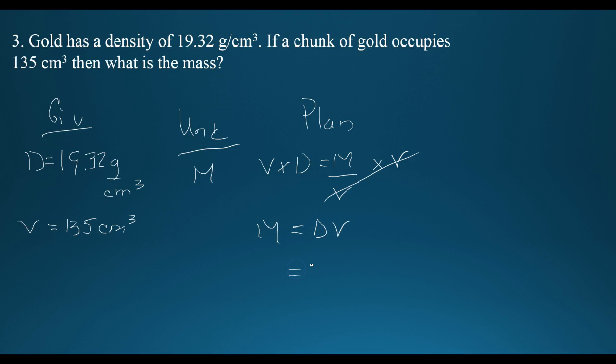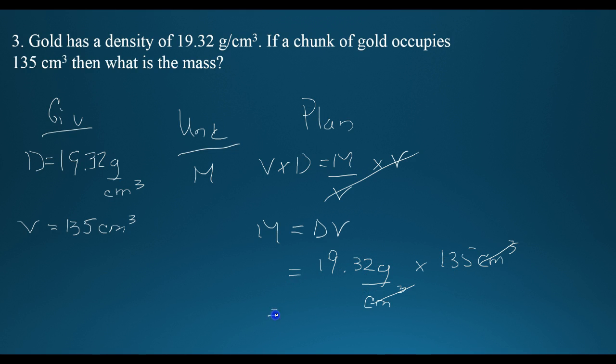Plugging in our numbers, we have 19.32 grams over centimeters cubed. This is a 9 here; the loop didn't close up there. Multiply that by 135 centimeters cubed. Centimeters cubed divides out, and when we multiply those together, round to three significant figures. 135 has 3, 19.32 has 4.